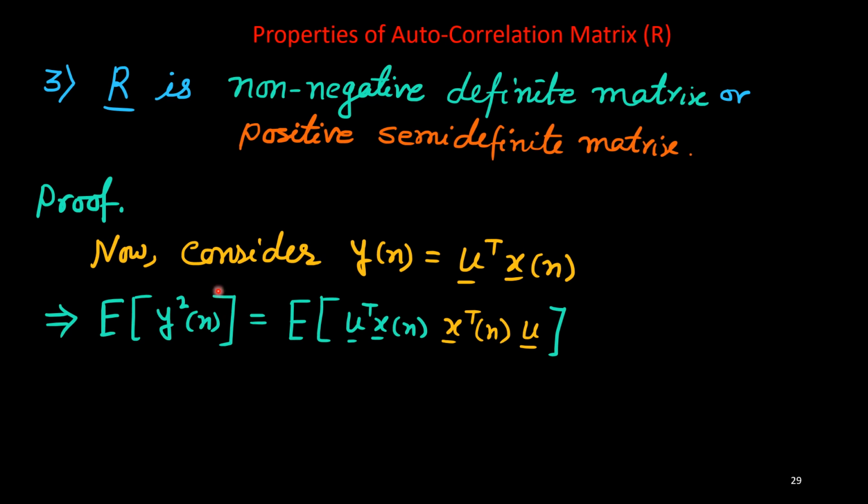Now, if we want to find the energy of this sequence y(n), the expected value of y square n, we can write y(n) times again y(n).